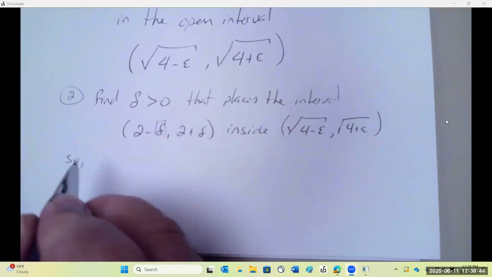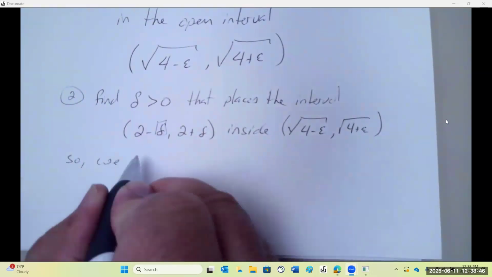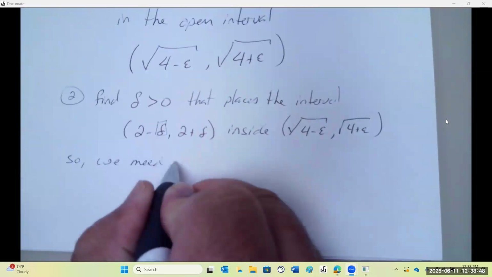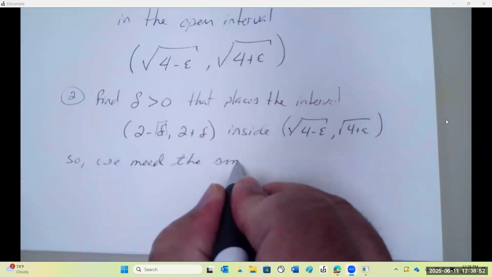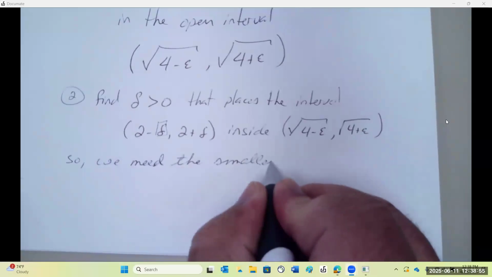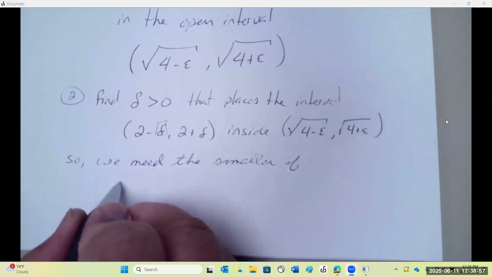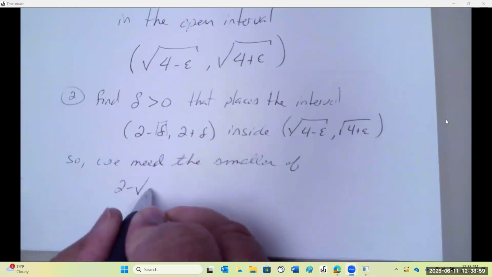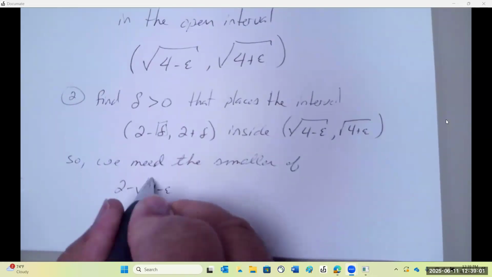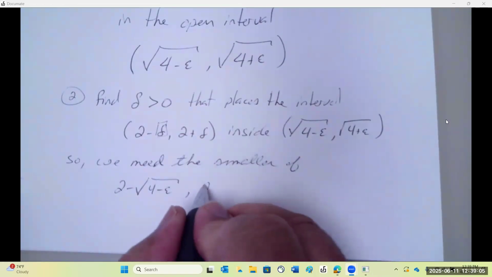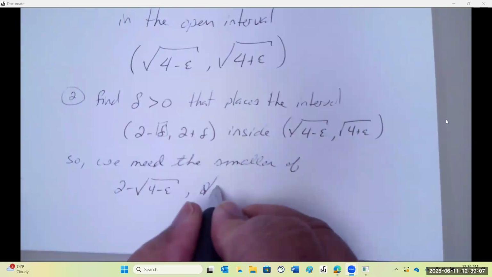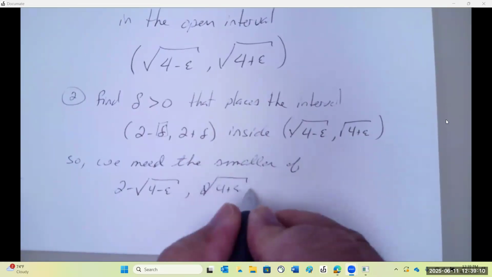So we need the smaller of 2 minus the square root of 4 minus epsilon and the square root of 4 plus epsilon minus 2.